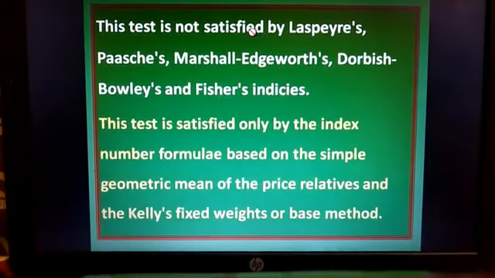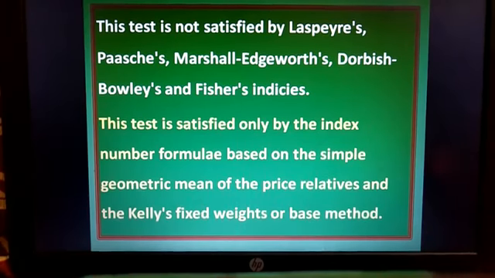This test is not satisfied by Laspeyres', Paasche's, Marshall-Edgeworth's, Drobisch-Bowley's and Fisher's indices. Indices in the sense, index is singular, indices is plural. So once when we are telling all these index numbers, instead of telling index numbers, it has been written as indices. So with all these, it is not being satisfied, circular test.